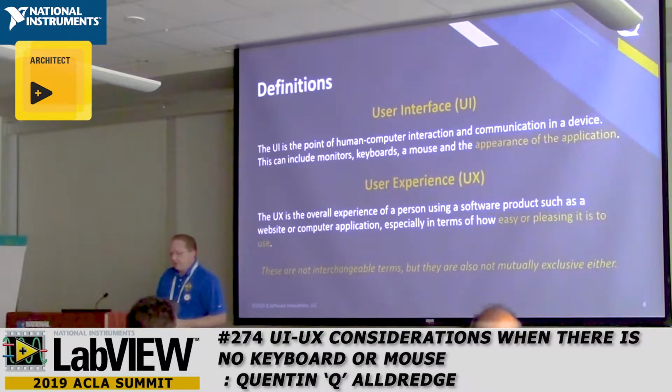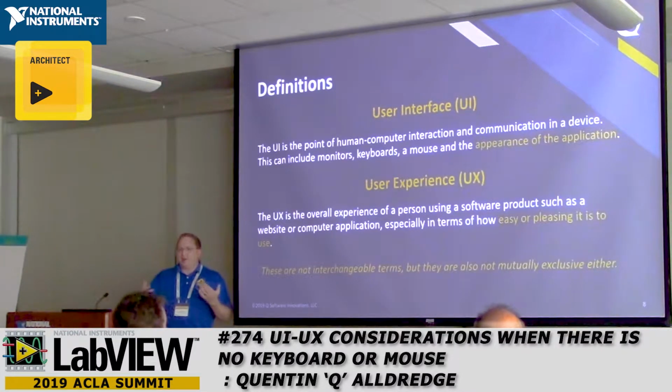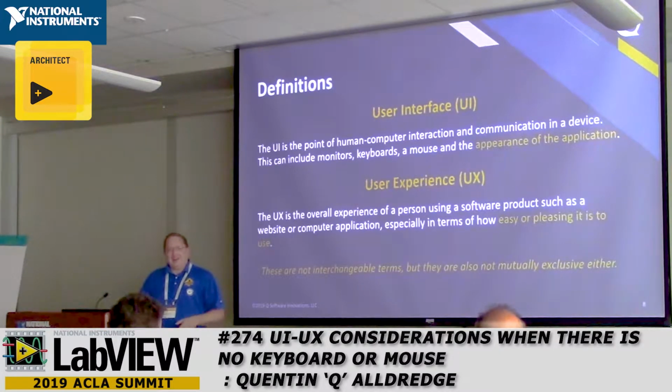So a little bit of definitions. You hear UI, UX all the time. Sometimes they're used interchangeably. The UI is really the appearance of what is the interface. The UX is how someone actually feels about the interface, and how easy the interface is to use.